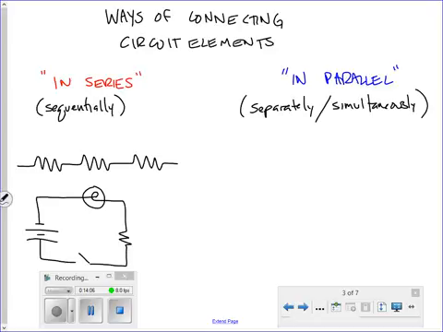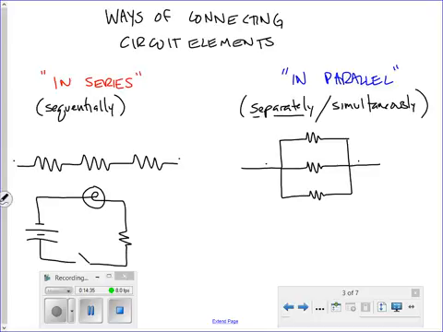If an electron's going to go from here to here, it's got to go through every one of those resistors in a sequence. If we connect resistors in parallel, we could have a situation like this, where an electron going from here to here would go through one of those resistors separately. Or we could say electrons could simultaneously be going through all three of these things at the same instant. That's not a great way to say it.